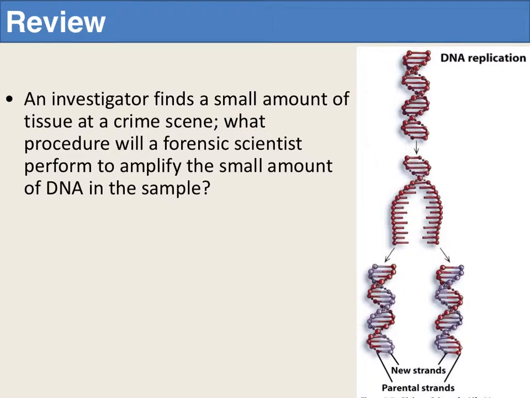So, an investigator finds a small amount of tissue at a crime scene. What procedure will a forensic scientist perform to amplify the small amount of DNA? PCR. Okay. This is all just memorization.